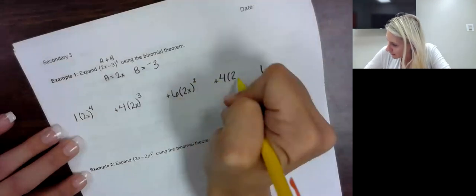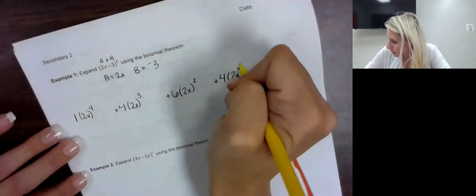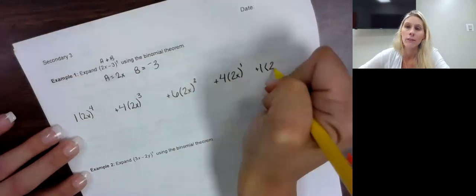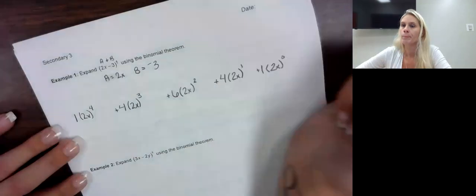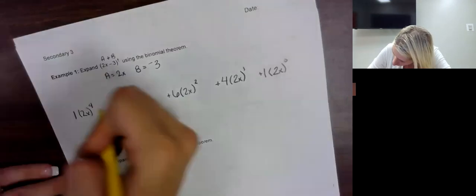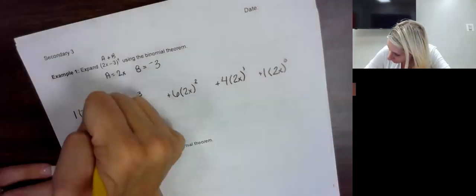And then I'm going to write the zero here, but eventually you'll catch on not to have to write it, because anything to the 0 is always the value of 1. We're going to do the same thing with our B's, but in this case, we're going to start with 0 and go up.